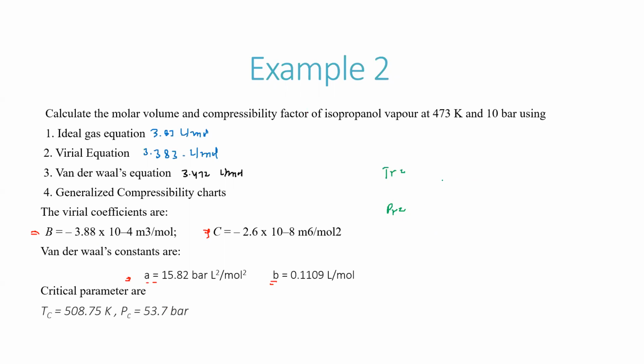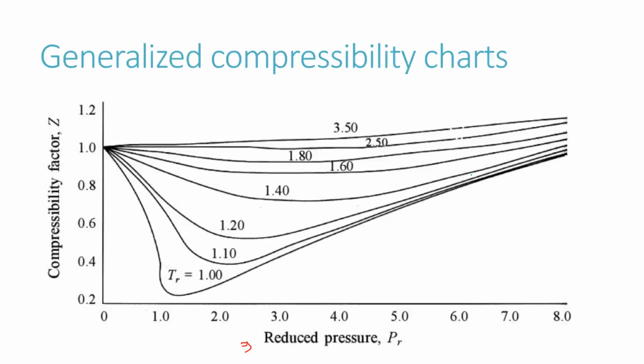So T is 473, TC is 508.75. Hence we get TR approximately 0.93, 473 by 508.75. And PR we get as P, that is 10 by PC, which is 53.7. So that is approximately 0.186. All right. So we'll go to our compressibility chart.